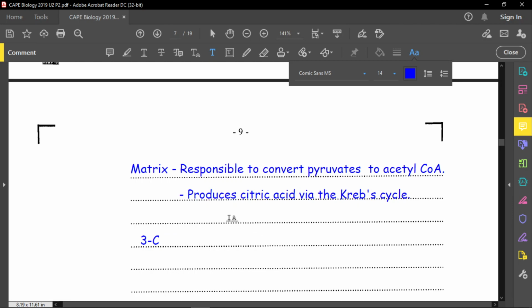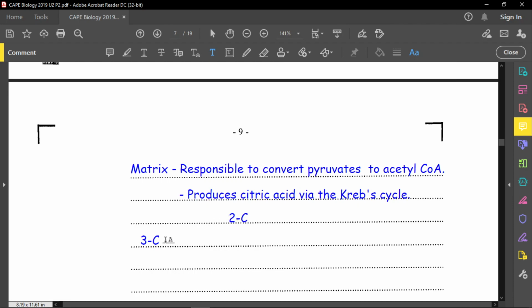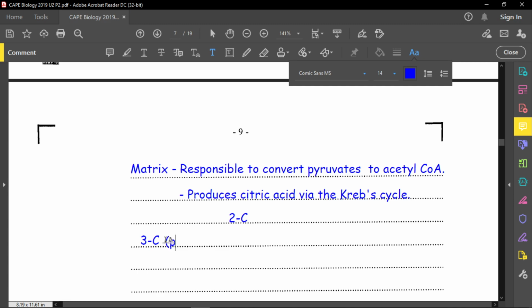I'm going to give you the names. The 3-carbon is pyruvate, and it converts into a 2-carbon molecule called acetyl CoA.